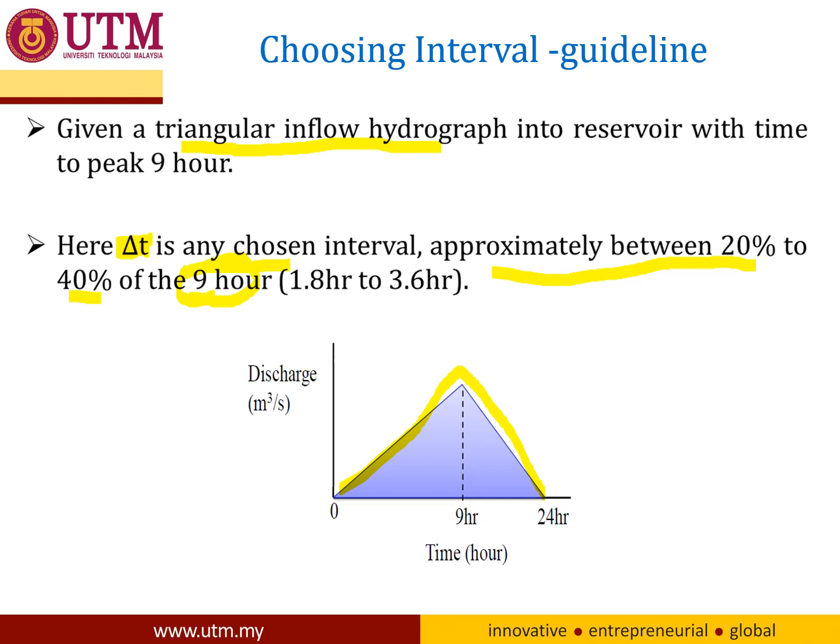Let's say we know the Q peak time is 9 hours, so for the difference in time we can try using the range of 20% to 40% of the time to peak, so between 1.8 hours and 3.6 hours. To ease calculation, we may use a difference in time of 2 hours, because it falls in the range between 1.8 and 3.6.